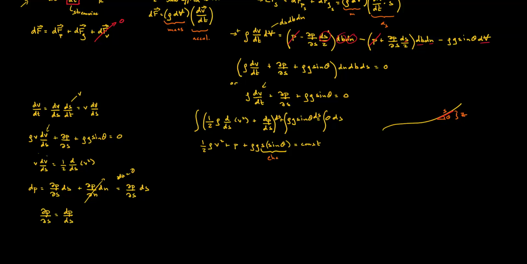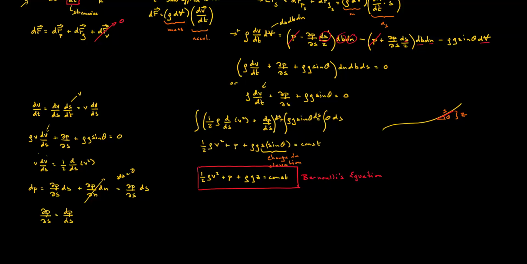So we have 1/2 rho v squared plus p plus rho g z is equal to a constant. And this result is what we call Bernoulli's equation.